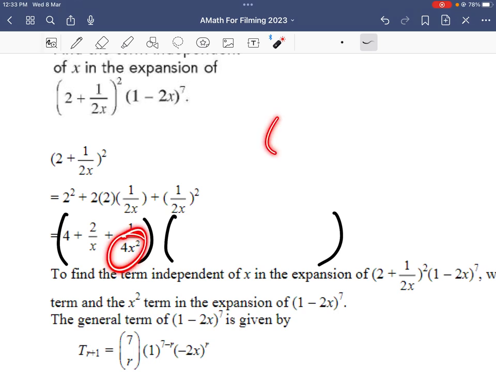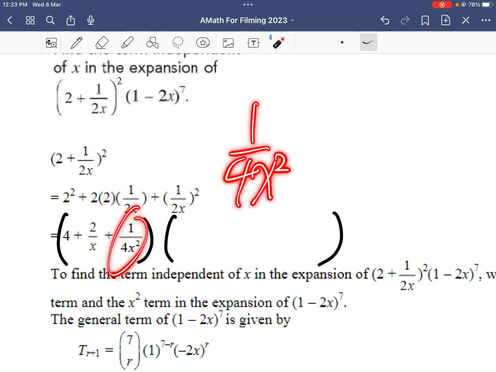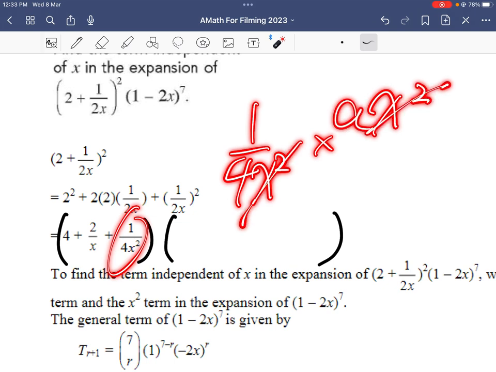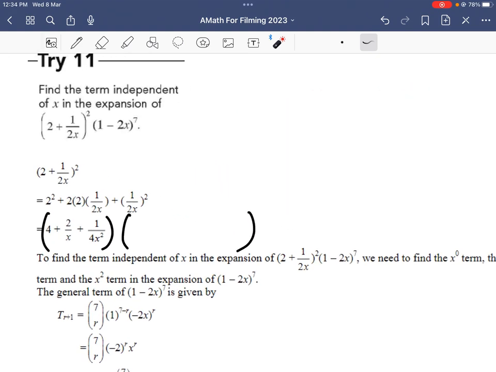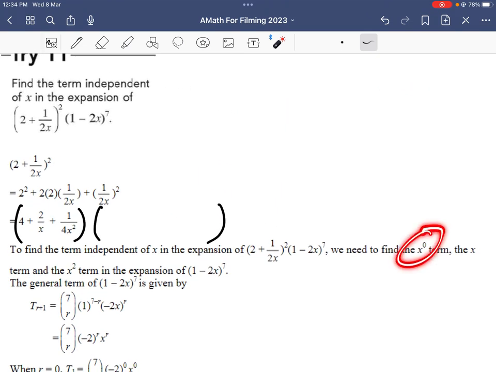Then this term here is 1 over 4x squared, so I need to find a term in x squared itself, to eliminate the square to give me just a number remaining. So hence, what we need to find is the x to the power of 0 term, x to the power of 1 term, and x squared term in this expansion.